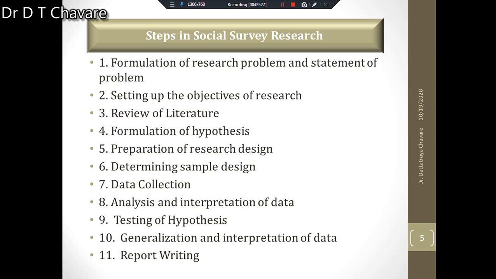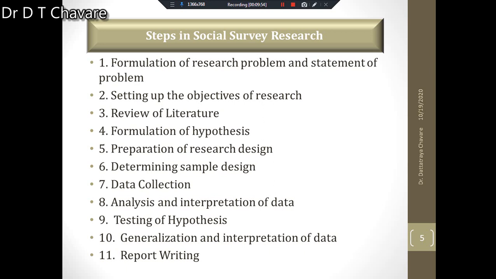The first step is the formulation of research problem. It means that this is the first step: formulation of research problem and a statement of problem. First of all, you have to formulate the research problem.